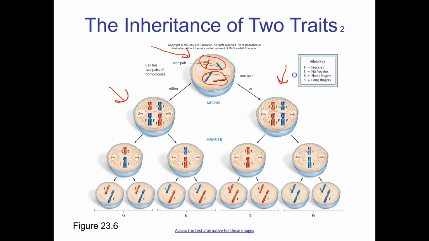So if they line up like this on this side, then you're going to get a big or a little red and a big blue together. And then on the other side, you'll get a little blue and a big red. If they line up over here, you get big and little red together and big and little blue together. What that means is the end results will look different.